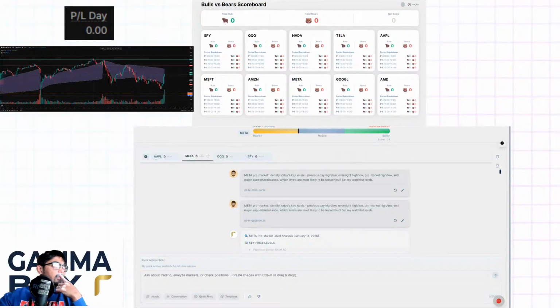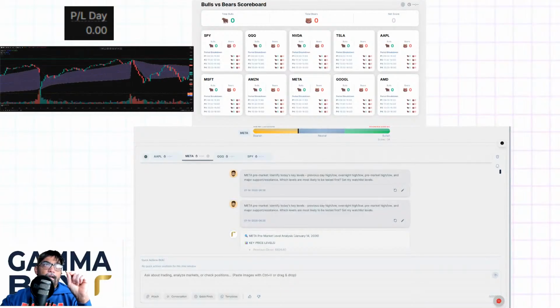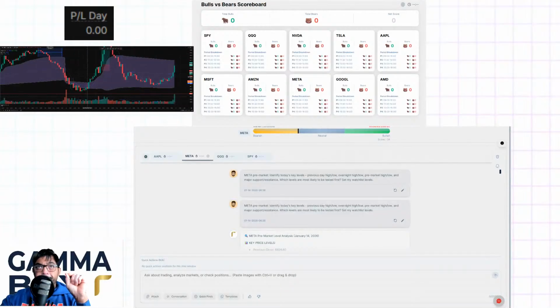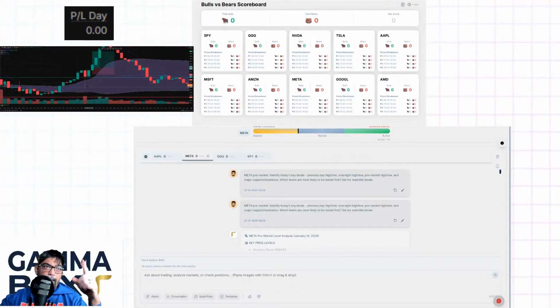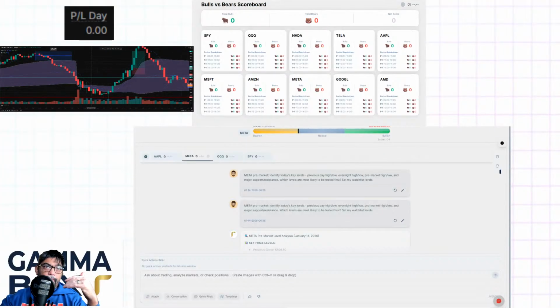All right. So I'm still kind of working on some new features, but for the most part, one of the things that I am currently trying to dial in is the volume, because what I noticed yesterday in NVIDIA was when I was using GammaBox to set up a position.